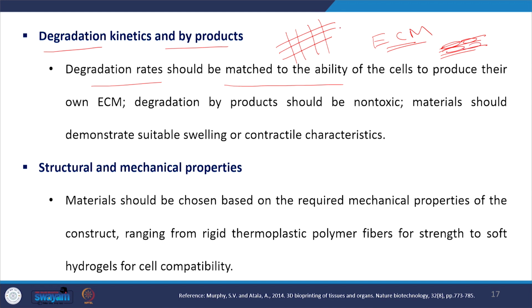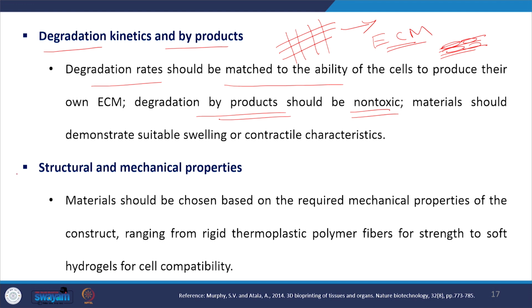And when the particular biomaterial is degrading, the degraded product should not induce any toxic effects. So, the degraded product should be non-toxic. That is why we have to check whether the particular material is biocompatible and also biodegradable before we use it for 3D printing application.